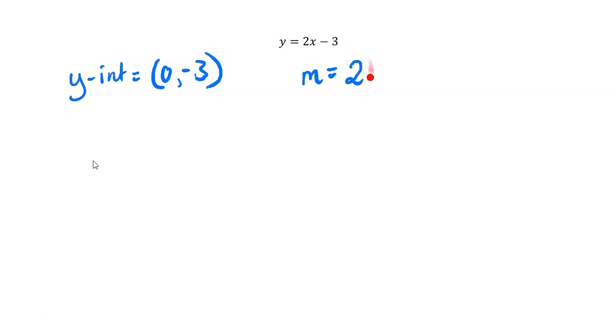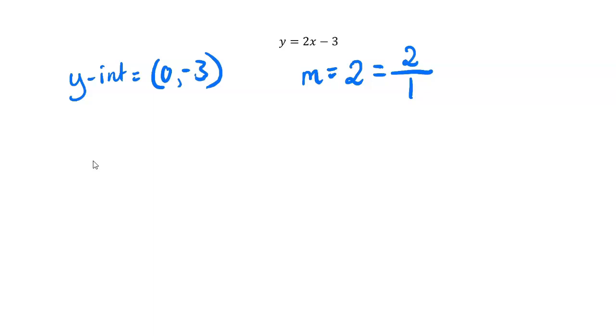Now, you're probably thinking, but we've got to do rise over run. What does that mean, 2? Well, you've got to think, how would we write 2 as a fraction? 2 as a fraction is 2 over 1, isn't it? 2 divided by 1 is 2. So we go up 2 and across 1. Our rise of 2 and our run of 1.